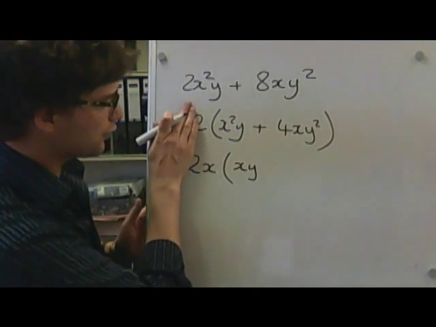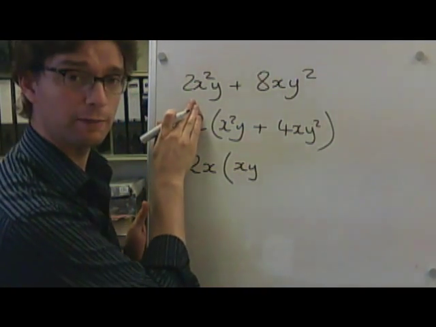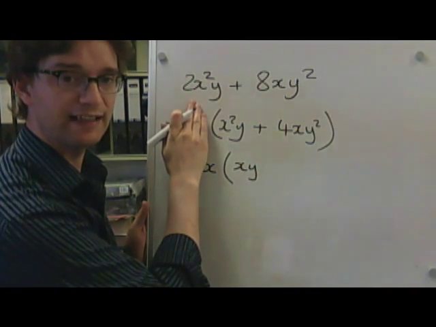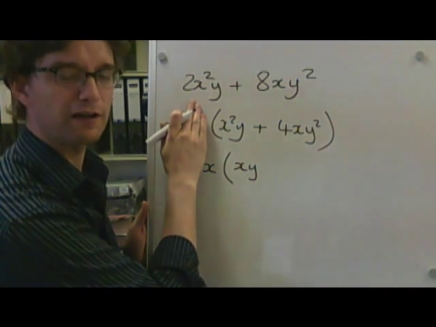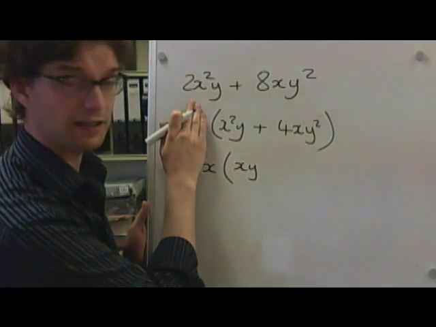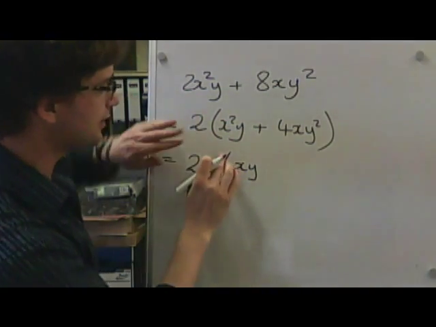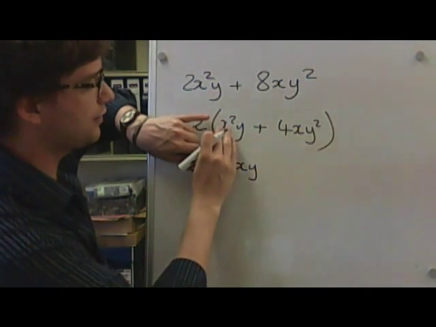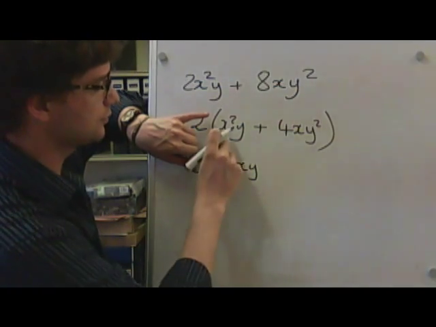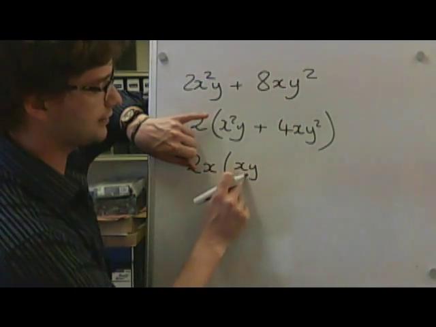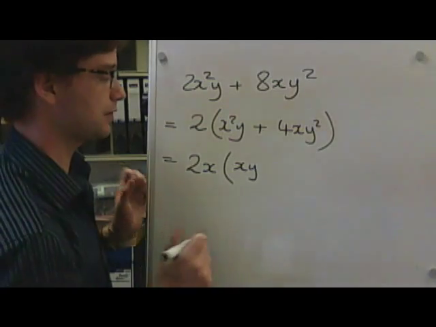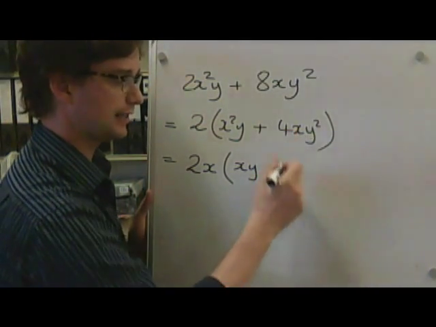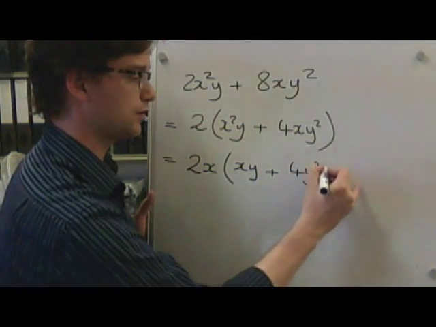And now I've kind of forgotten about my 2 for a minute. I don't worry about my 2. I need it there, but I'm going to come back to it later on. Right now, I'm really thinking about what do I need for x squared y and what do I need for this. So x squared y, bring out the x, x into xy is equal to x squared y. I've got an x here, so I think I'll leave myself with 4y squared there.